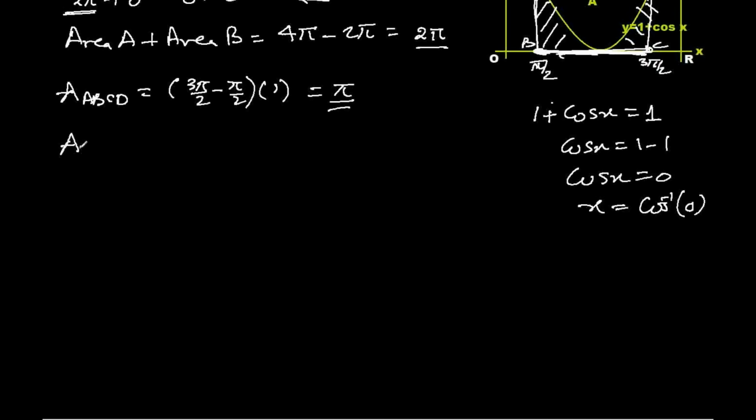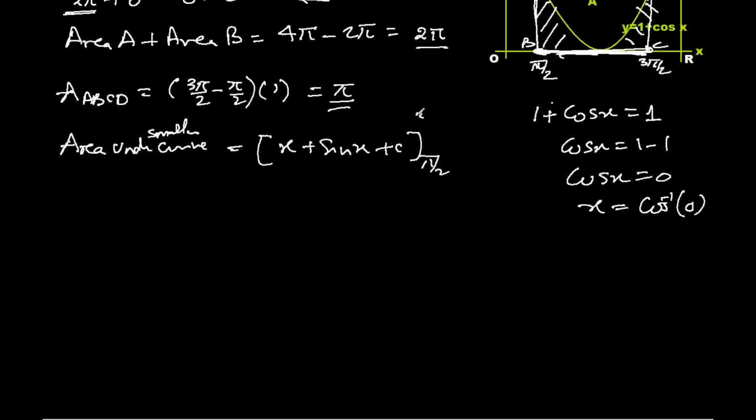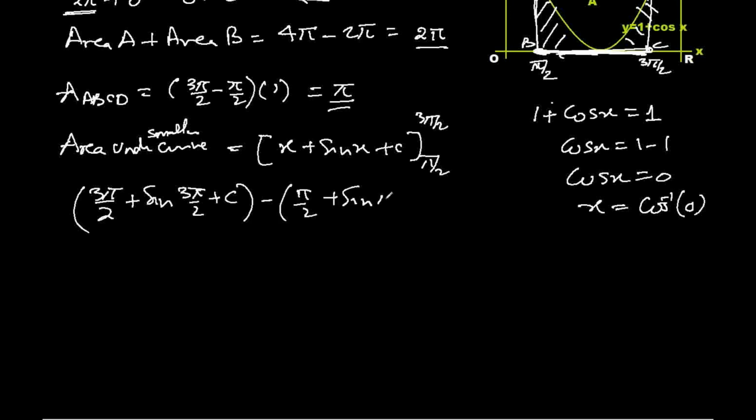So area under the small curve, smaller curve, will be x plus sine x plus c, but this time from pi by 2 to 3 pi by 2. So let's substitute 3 pi by 2 plus sine 3 pi by 2 plus c minus pi by 2 plus sine pi by 2 plus c.